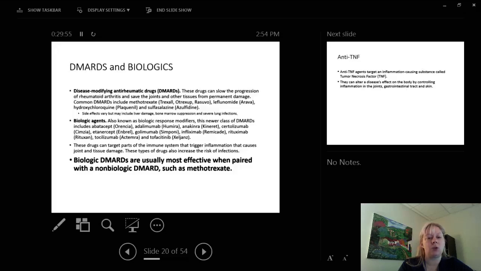So this is what's really important working in primary care. If you have patients on these medications and they have a cold, they're ill, you may want to talk to the rheumatologist to have them hold their medications for a while. It's usually the biologic agents, and they usually will keep them on the leflunomide, methotrexate. It's more the other agents, such as Humira, because it has such a higher incidence of infection.